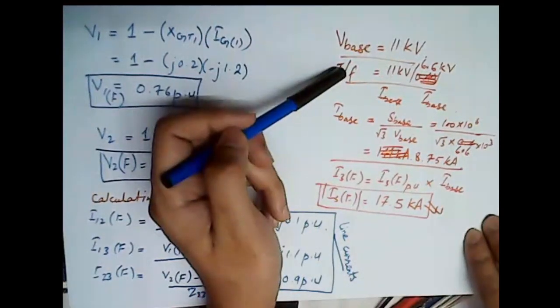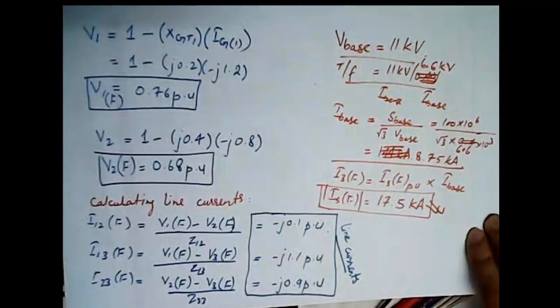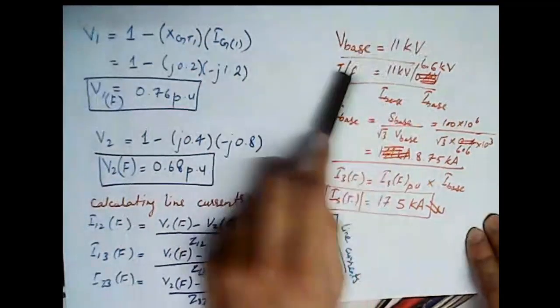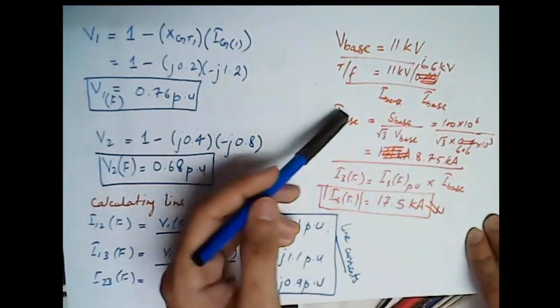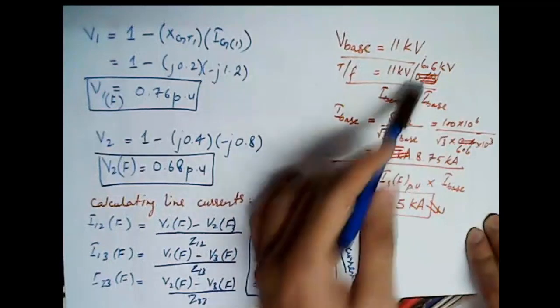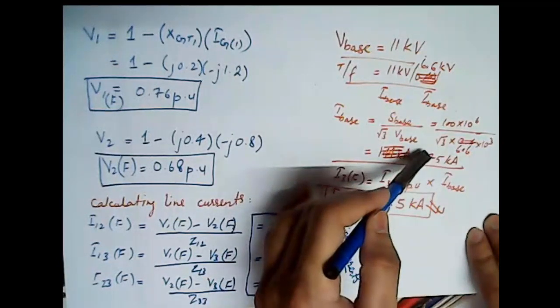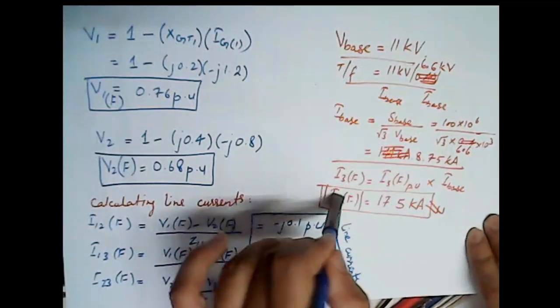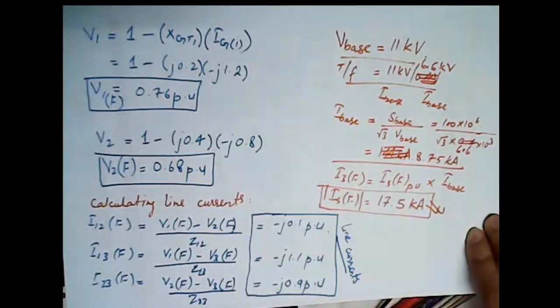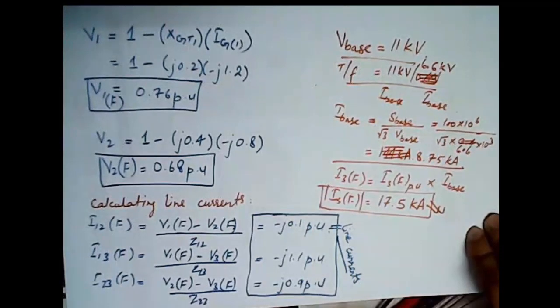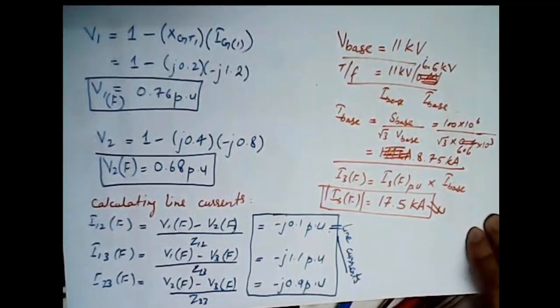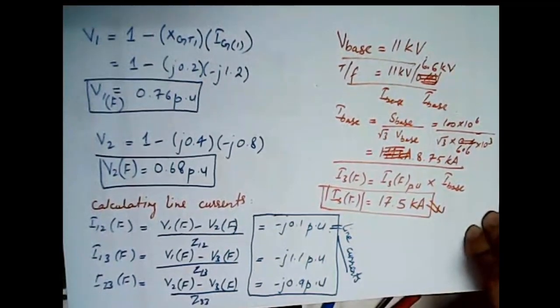Then we assumed that the base voltage is 11 kV at the generator side, and the transformers are stepped down with a ratio of 11 kV by 6.6 kV. So we calculated the base current at the 6.6 kV side as 8.75 kiloamperes, and we found out that I3 is 17.5 kiloamperes.